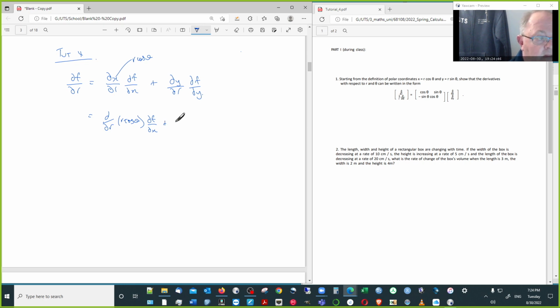The next thing is our y is r sin theta. So we're going to do ddr of r sin theta and a differential f with respect to y. Alright, so what is the ddr?